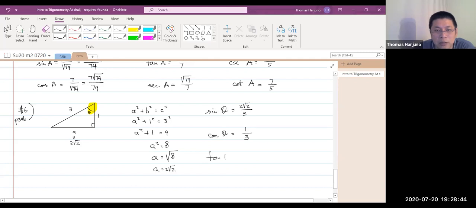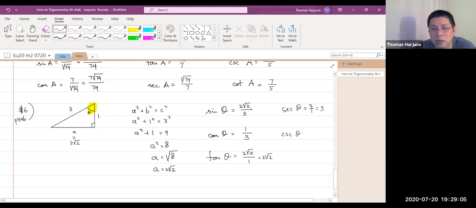Tangent theta will be opposite over adjacent, or simply 2 radical 2. Secant theta, the reciprocal of cosine, that's 3 over 1, or simply 3.